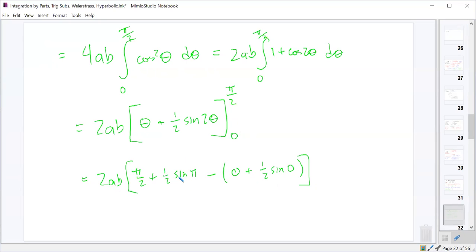Sine of pi is 0. Sine of 0 is 0. So all three of those terms just go away. And we end up with pi ab. And this is units squared if we want to attach that in there. Pi ab units squared should be the area of any ellipse.